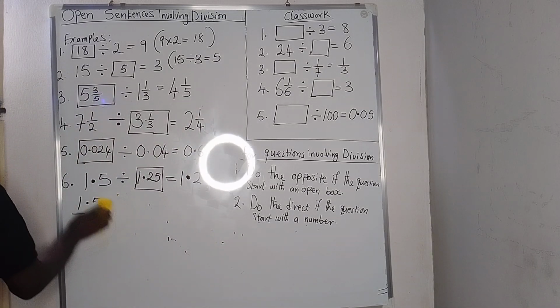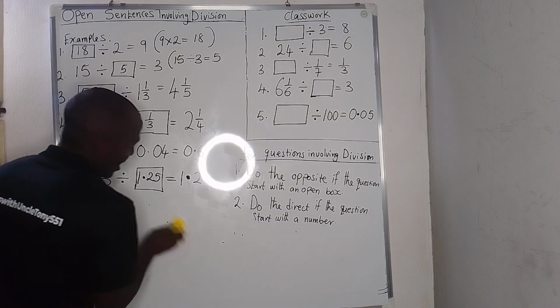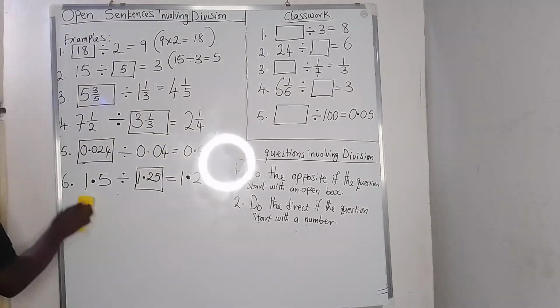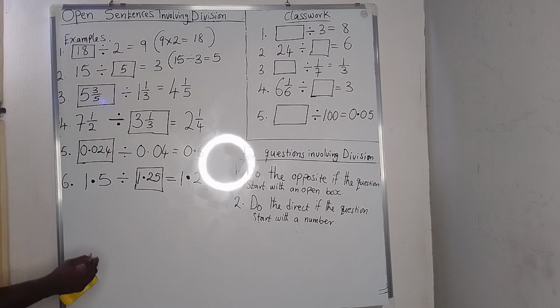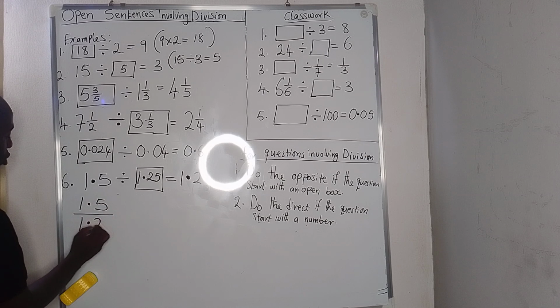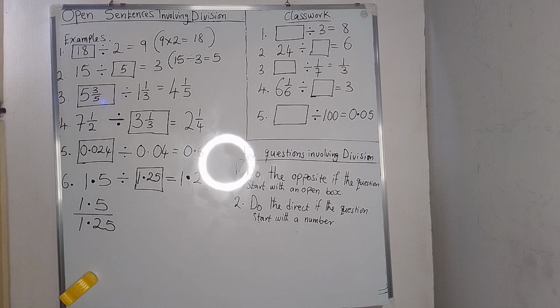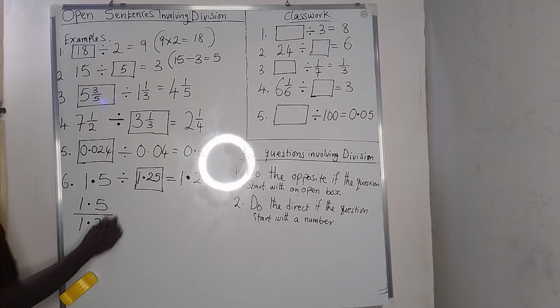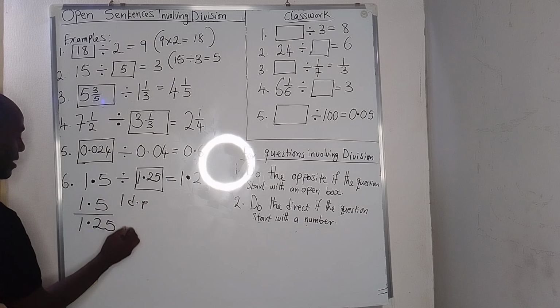We can check whether our answer is correct. 1.5 divided by 1.25. 1.5 has one decimal place.